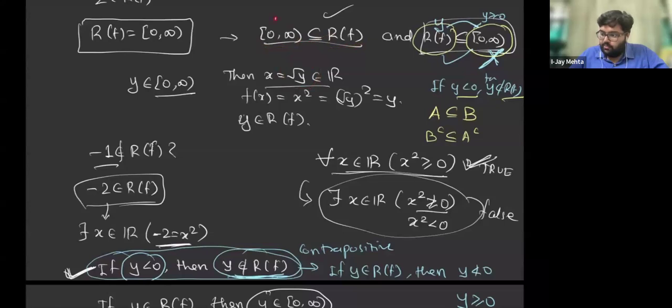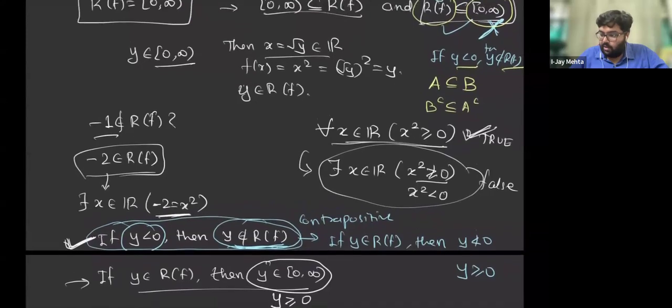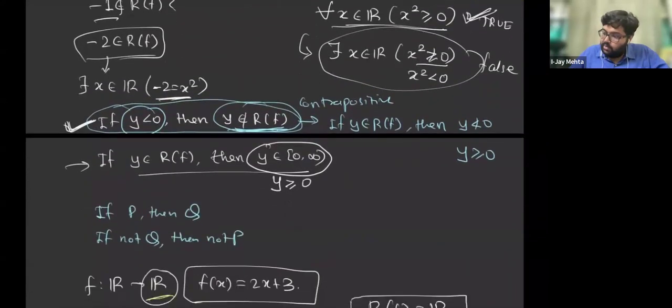So if y belongs to this, it is a subset of range. Here we showed by contrapositive: if y is negative, then it cannot be in range because there cannot be any x such that x square is less than 0. So here range is a proper subset of the codomain R. Here range is equal to R.